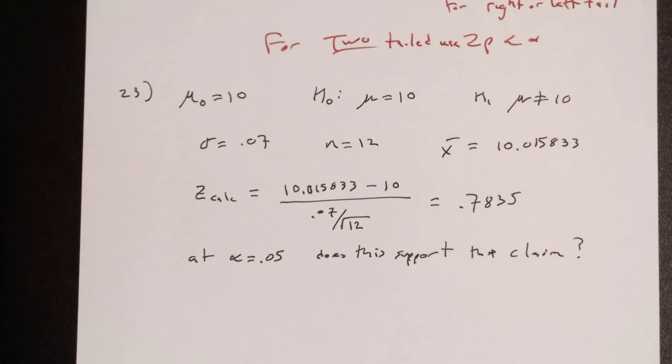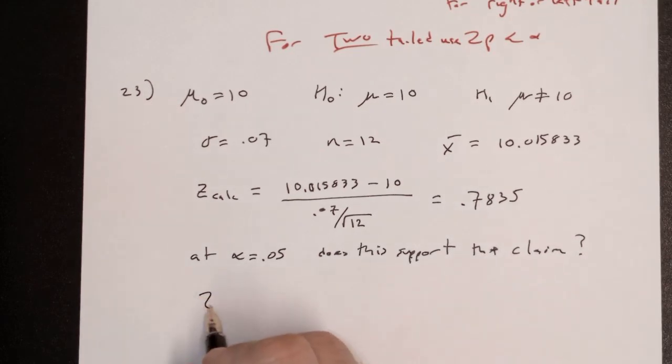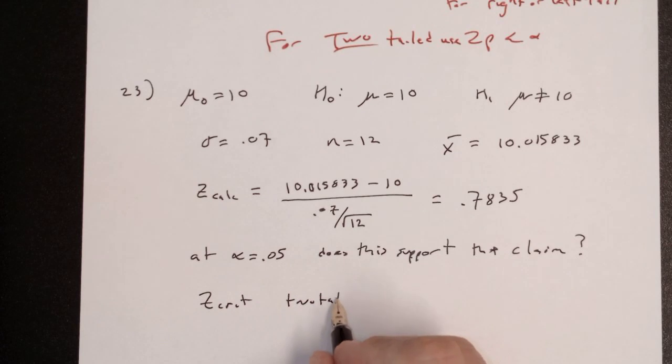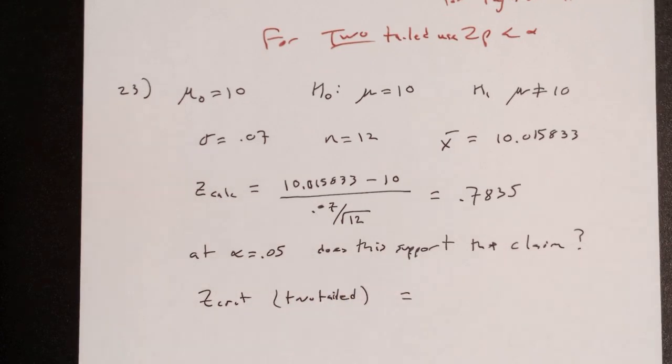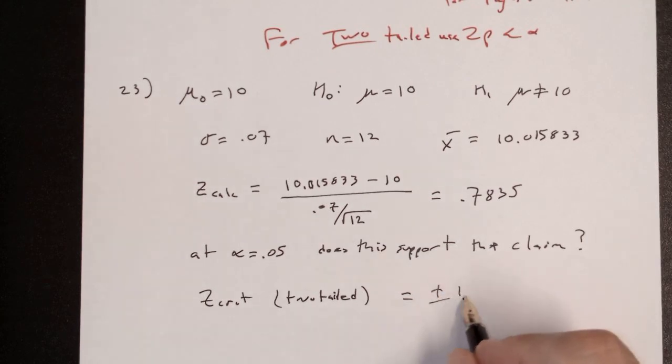Okay, so I go back to my list and ask, what is the critical number for a two-tail test at 5%? Is the absolute value of my number bigger than the absolute value of that number? No. So I do not reject.